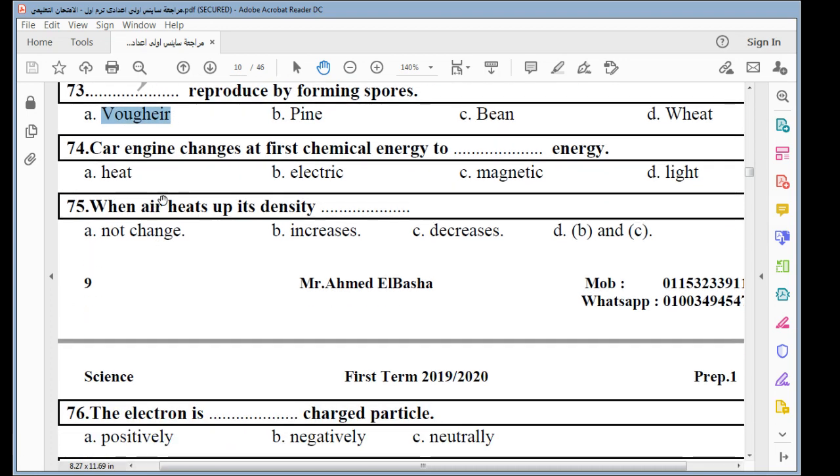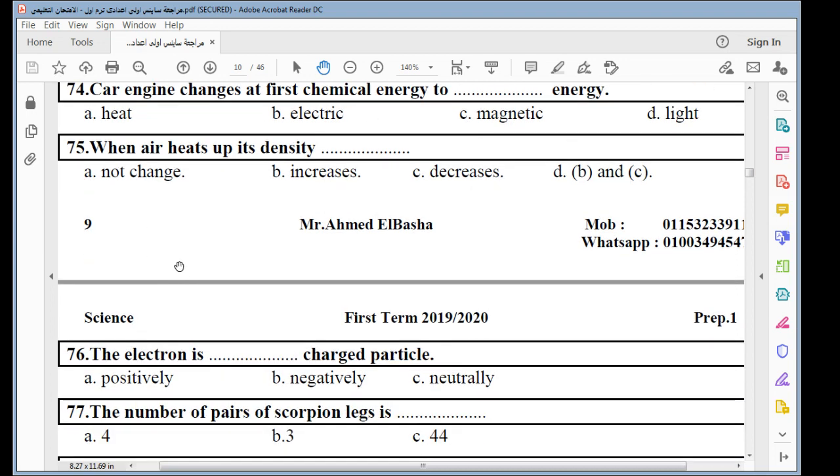Car engine changes at first chemical energy to space energy, heat. Chemical to heat, and then it converts it to electric energy.